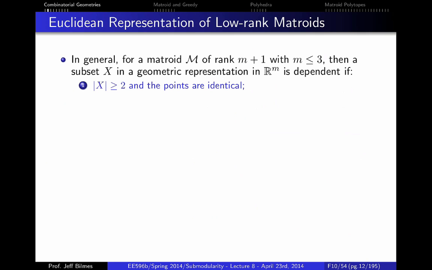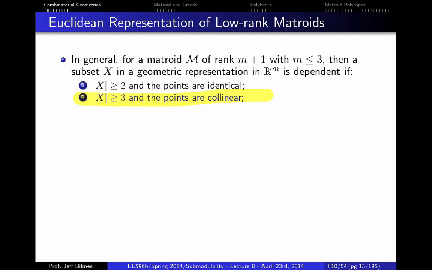These things are dependent if you have 2 or more points and they're identical. So 2 points on top of each other are dependent. And sometimes you'll actually write a point with a multiplicity, like 4. These are 4 dependent points. You just write a number next to them. If you have 3 or more points and they're collinear, so 2 collinear points are not considered dependent.